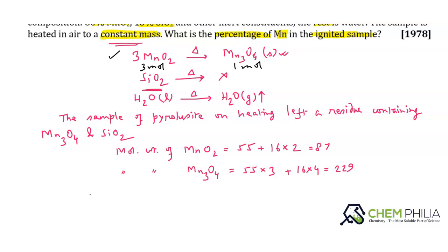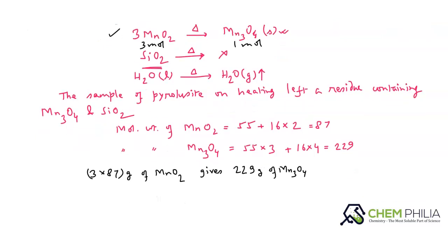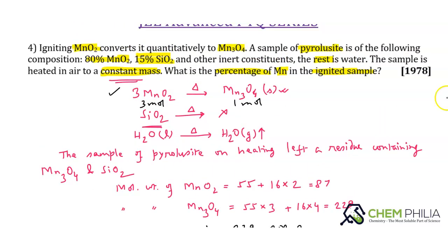So we can say 3 into 87 gram of MnO2 gives 229 gram of Mn3O4, right?